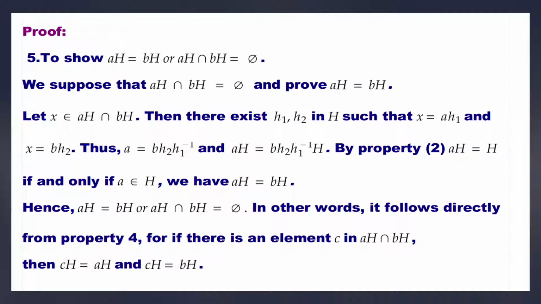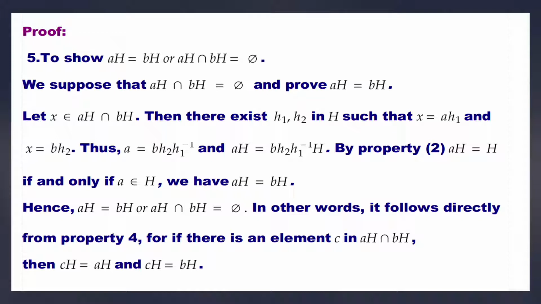Thus a = bh2h1⁻¹ and aH = b(h2h1⁻¹)H. By property 2, aH = H if and only if a is in H, we have aH = bH. Hence aH = bH or aH ∩ bH = ∅.